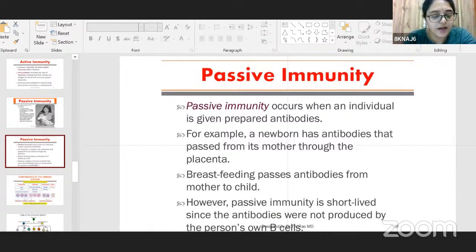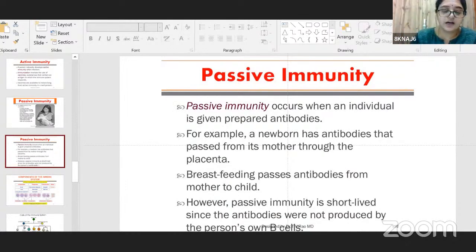Active immunity is induced by infection or by contact with the immunogen, whereas passive immunity is you're getting ready-made antibodies. The immune response in active immunity is not short-lived and it is effective, whereas passive immunity is only for a short amount of time, so it is not very effective as such.